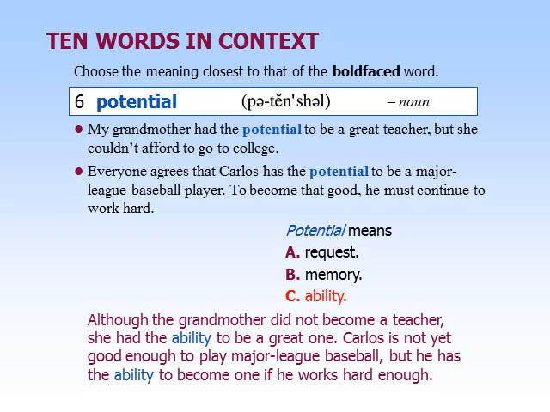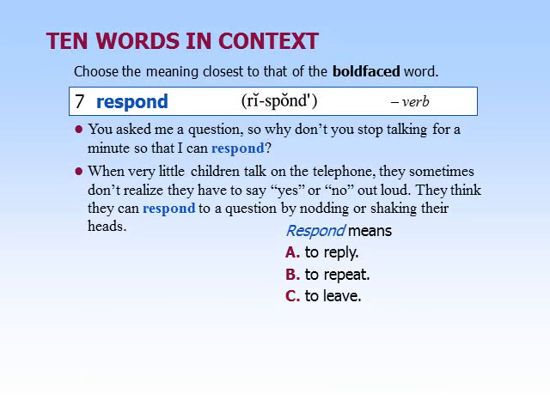So potential is something inside of you. Those of you who are science people may have heard of the difference between potential and kinetic energy. Kinetic energy is energy in motion. Potential energy is stored energy that hasn't been used yet.